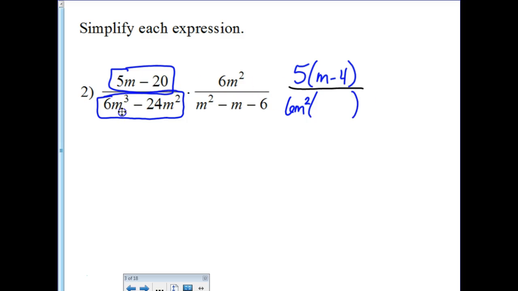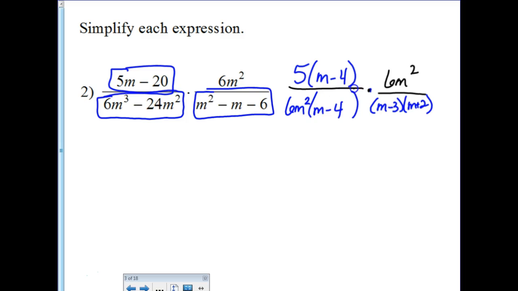So let's see, that leaves us with an m minus 4. Don't cancel yet, we'll get there. And then this numerator of 6m squared, that's a monomial, so clearly that's not going to factor at all. But this denominator of m squared minus m minus 6 factors into m minus 3 times m plus 2.